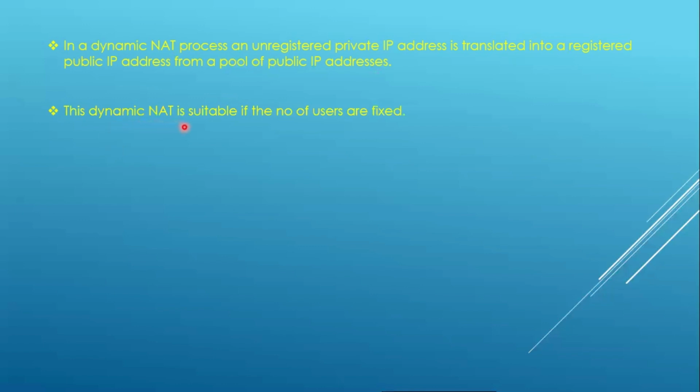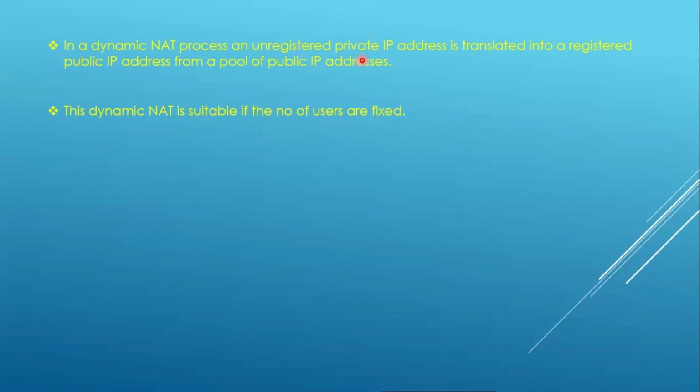Here, dynamic NAT is suitable if the number of users is fixed. If we know the number of users, we can configure the routers with the dynamic NAT process. The advantage is that it does not require configuring each and every networking device with a public IP address.